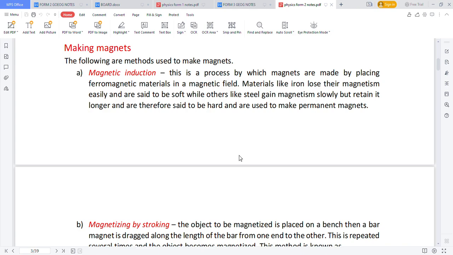So if you are told to differentiate between soft and hard magnetic materials, you simply say soft magnetic materials are materials which are easily magnetized and easily lose their magnetism, while hard magnetic materials are materials which are hard to magnetize, but once they are magnetized, it is very difficult for them to lose their magnetism. Kindly note that.